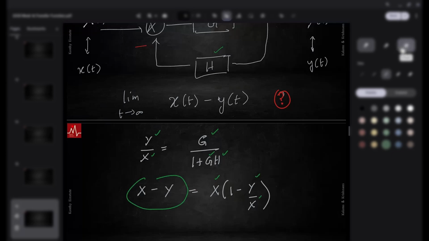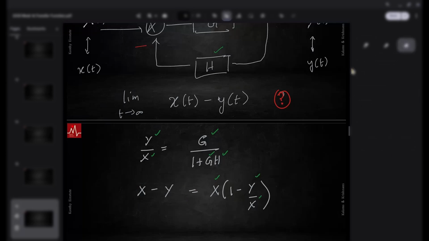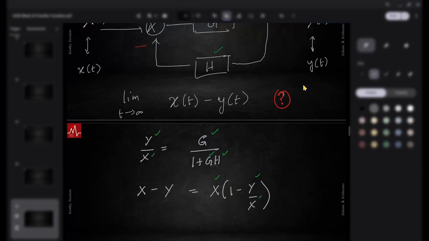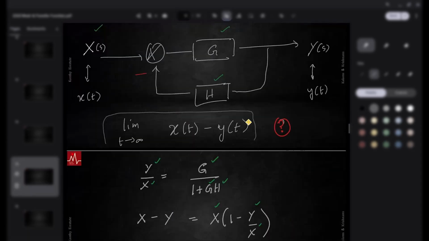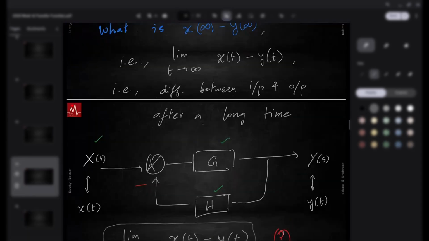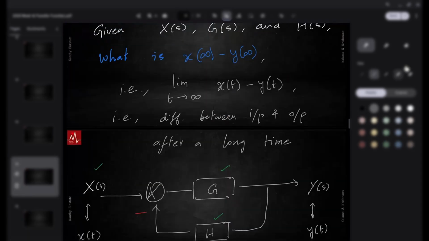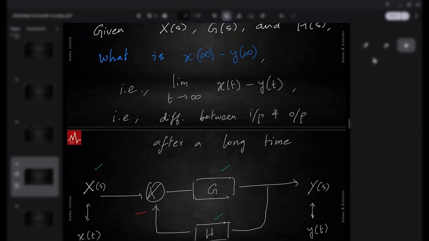What we want is this. The answer is one word. Primo is in the right direction. This has to do with something in the steady state. Okay, and notice t tending to infinity, after a long time. That is steady state. Okay, I can correct this.